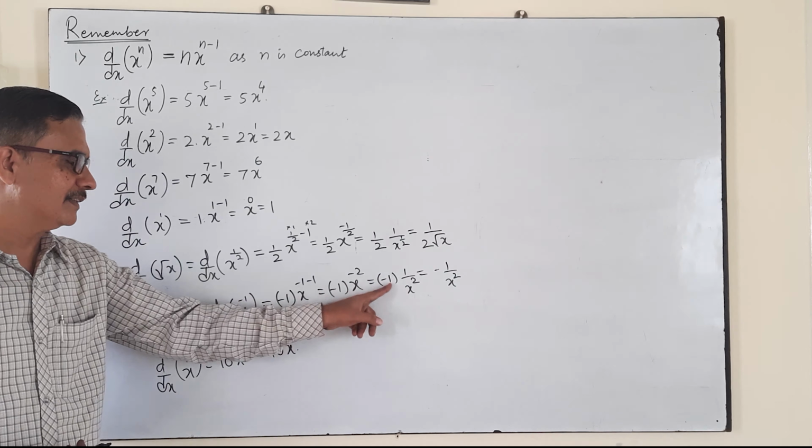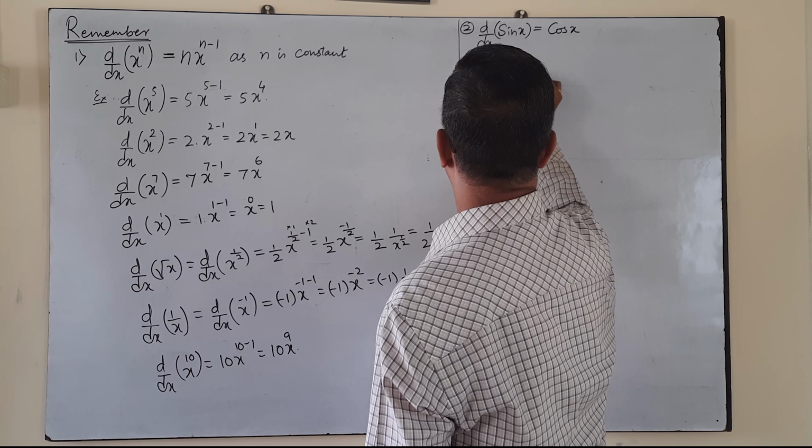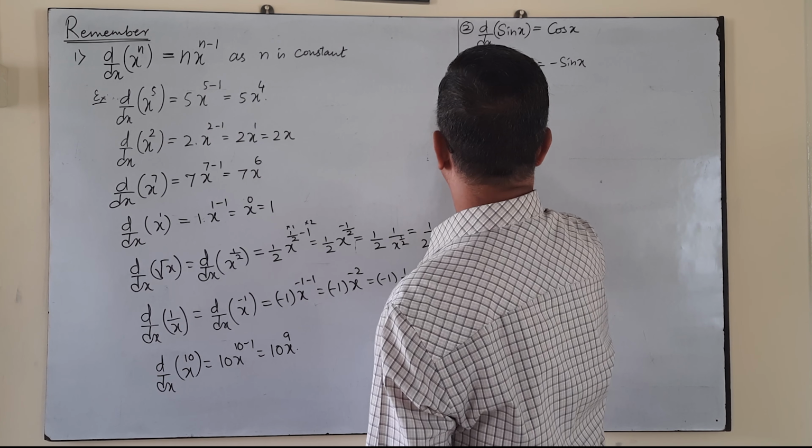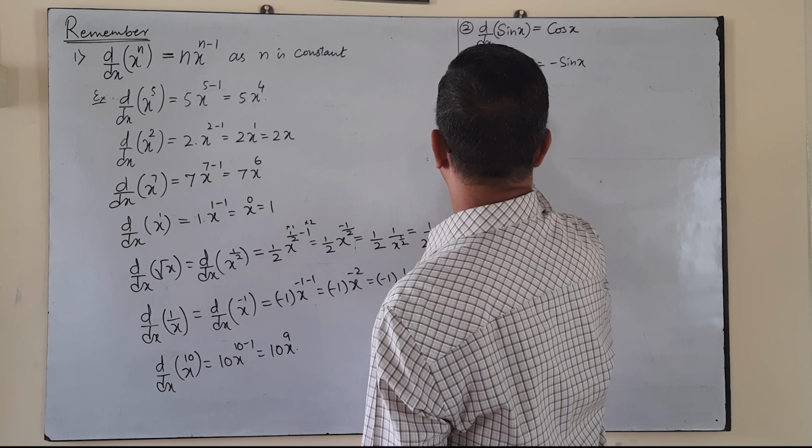Then the second formula: derivative of sin x with respect to x is equal to cos x. Derivative of cos x with respect to x is minus sin x. Next one is the t ratios: derivative of tan x with respect to x is secant square x.